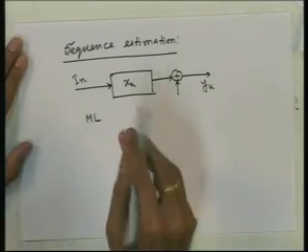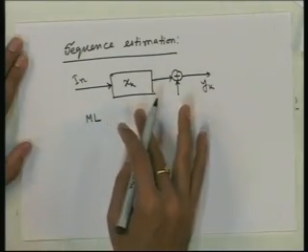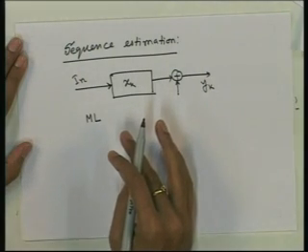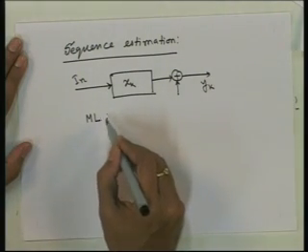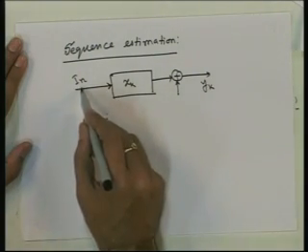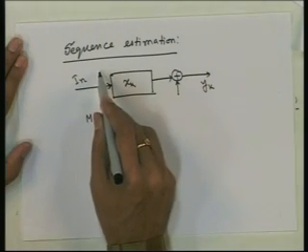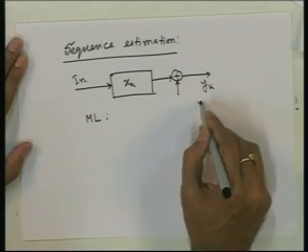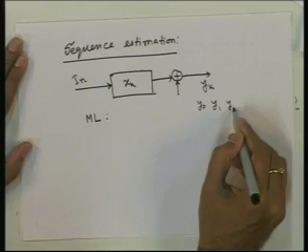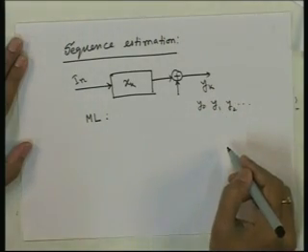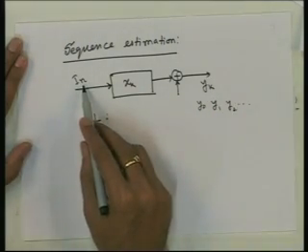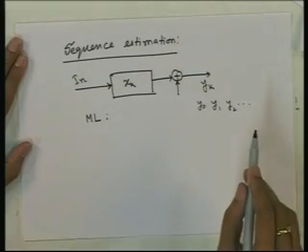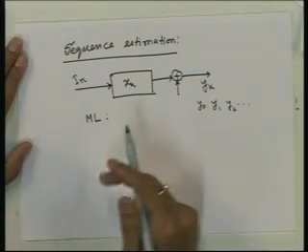A similar formulation can also be set up for sequence estimation. We want to choose a sequence I n after we have received a sequence y k, that is y naught, y 1, y 2 and so on. We would like to choose that sequence of I n which is most likely.